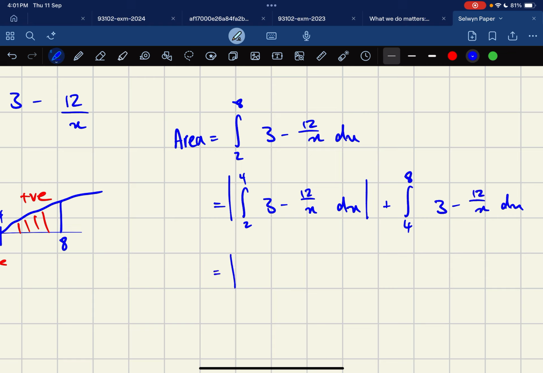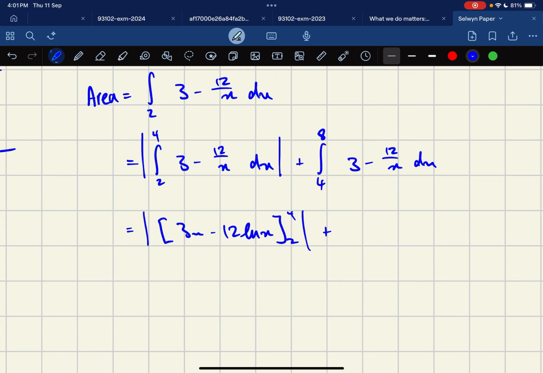So the integral becomes 3x and then minus 12 ln of x between 2 to 4. And then this is the same, 3x minus 12 ln of x, but this time from 4 to 8.